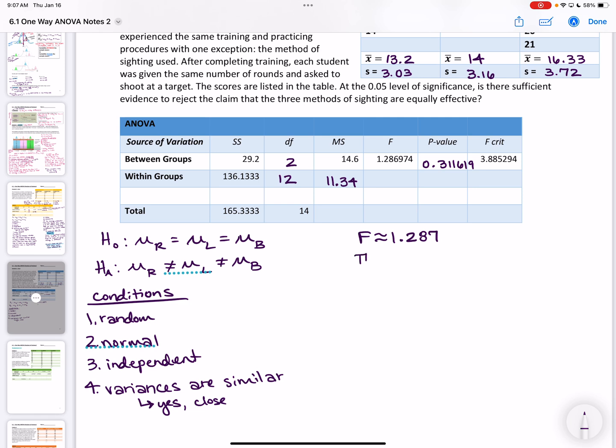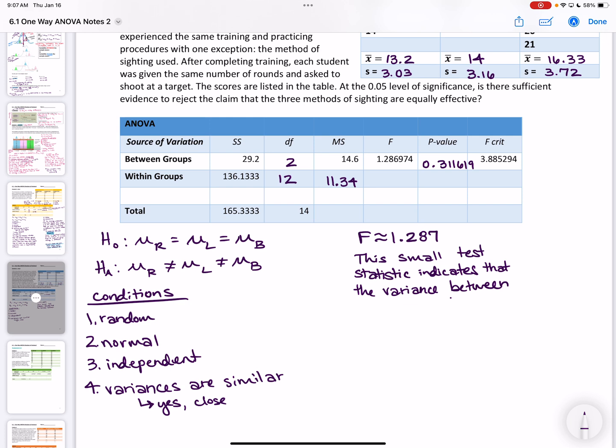So this small test statistic indicates what? The variance between groups is small. Yeah, the variance is between. Between means comparing the means to one another.